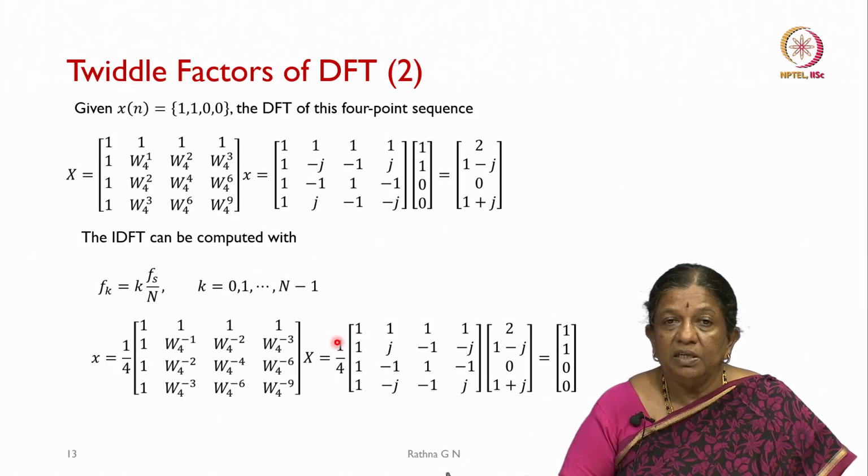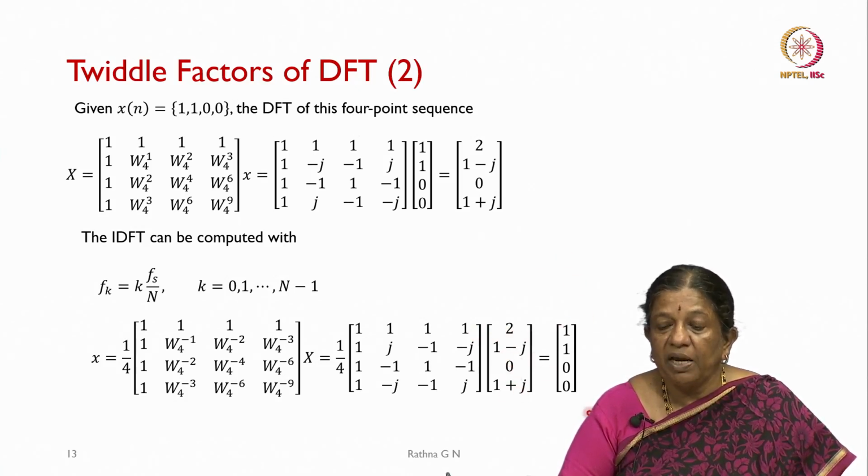When we do that, so 1 by 4, this is our DFT coefficients in the IDFT basically. So, you will be seeing that it is a complex conjugate of these DFT coefficients, which will result, after multiplication with our X of k, that is 2, 1 minus j, 0 and 1 plus j.